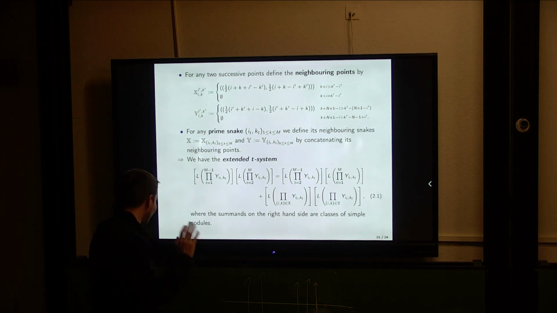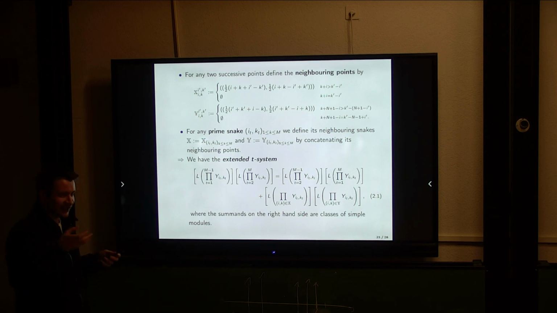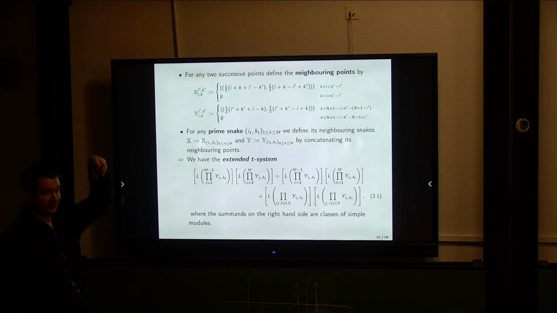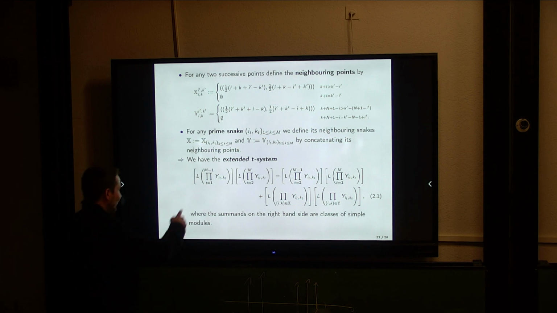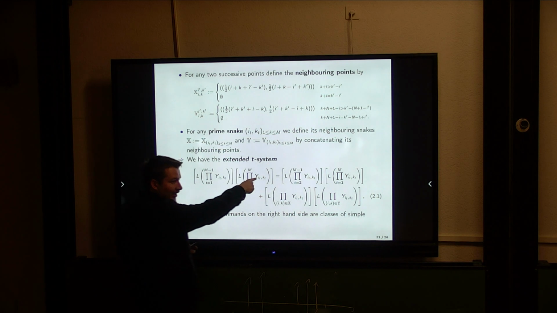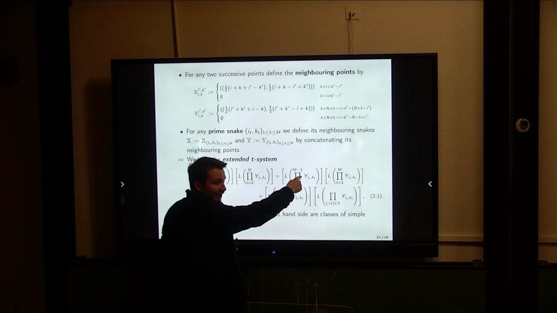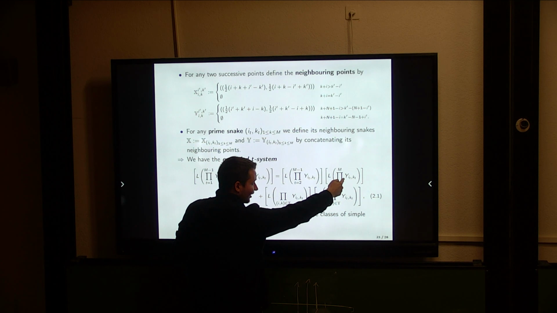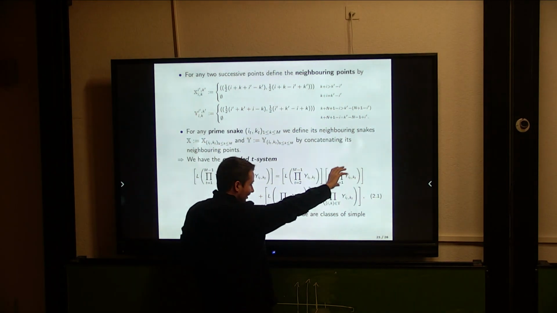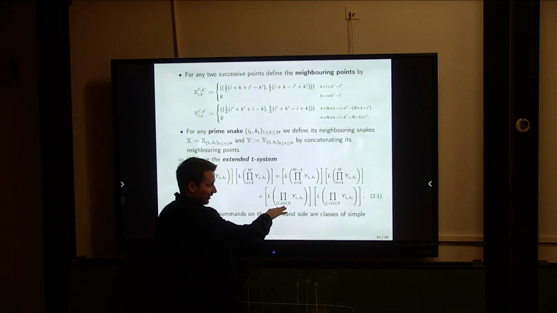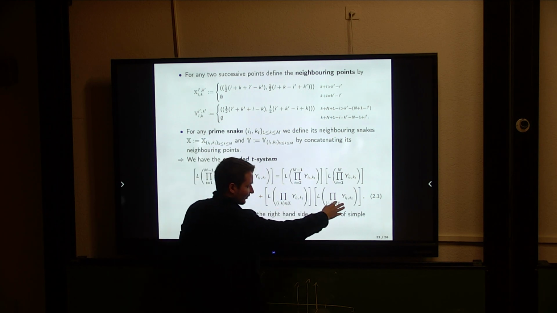Let's consider some snake, and I can cut the lowest point in the diagram, and I can cut the point at the top from the snake, sorry. And it will be a shorter snake. So this one is where I cut the head, and this one is where I cut the tail. And this one is where I cut head and tail, and this one is where I leave it as it is. And this one is one of the neighboring snakes to the left, I think, and this is the neighboring snake to the right.